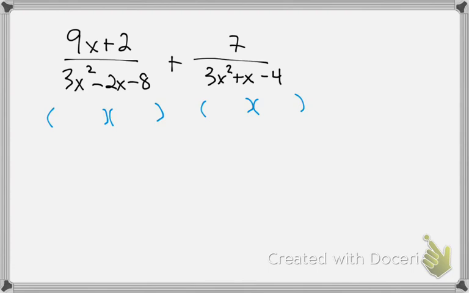So we got 3x and x, and 8's got some choices. What do you want to try? Try something. If I try 2 and 4, that's going to give me 12x and 2x.